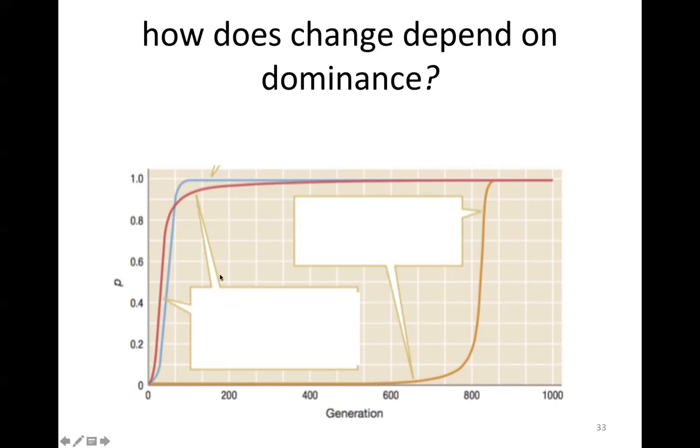The only difference between these 3 curves is that the selection coefficient on the beneficial allele is the same, but one curve describes the beneficial allele being dominant, another describes it being intermediate dominant, and the third describes the situation where the beneficial allele is recessive.